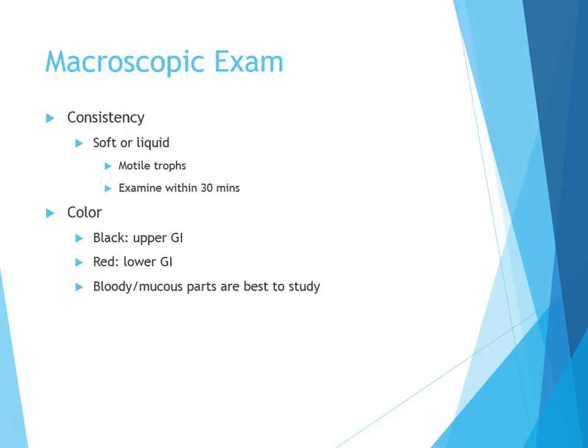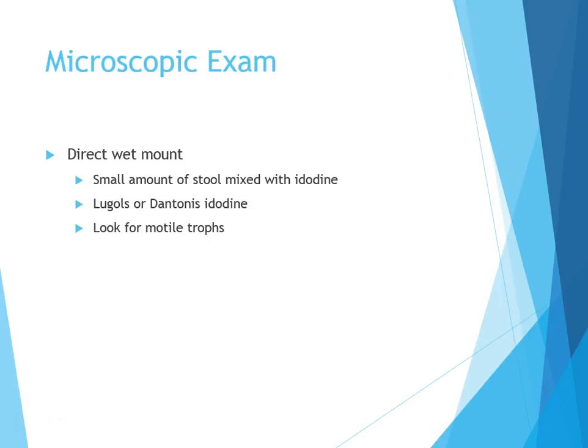If there are parts of the specimen that look bloody or have mucus, then these are the best parts of the specimen to use. The specimen should be put in formalin for concentration, in both the PVA and the formalin vials.